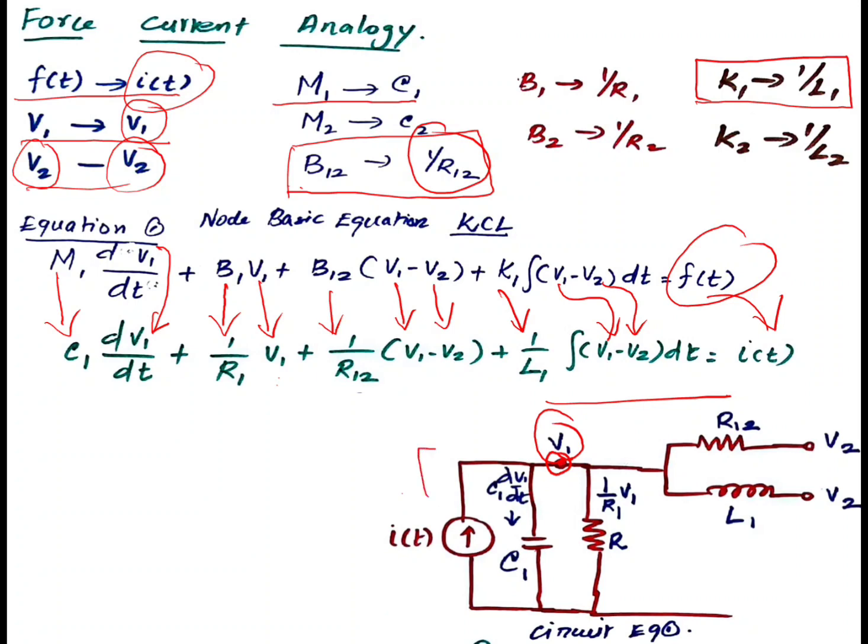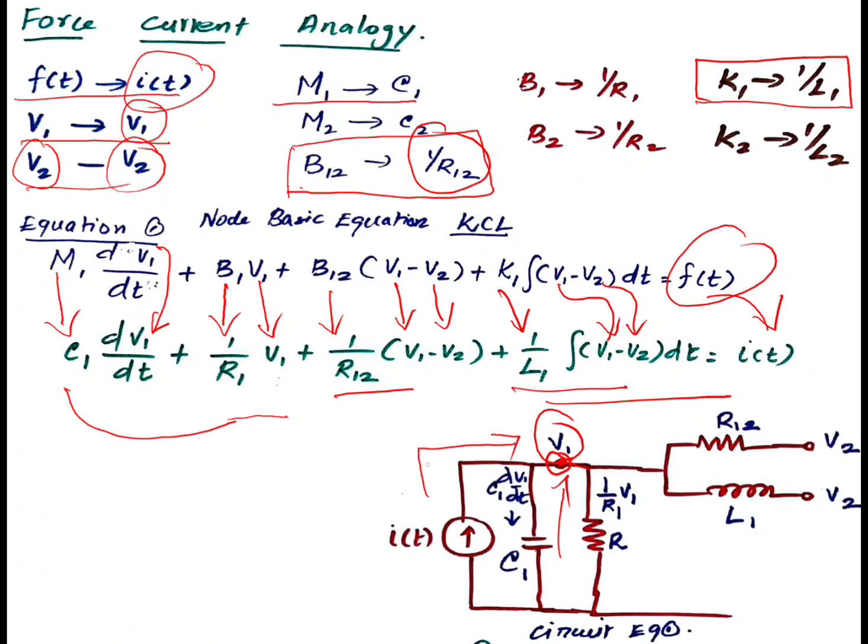For example, I1 is coming here, and then the capacitor is connected here. C dV1 by dt is parallel to the current source, and again the resistor is parallel to the current source. So all are connected at V1, and R12 and L1 are common.